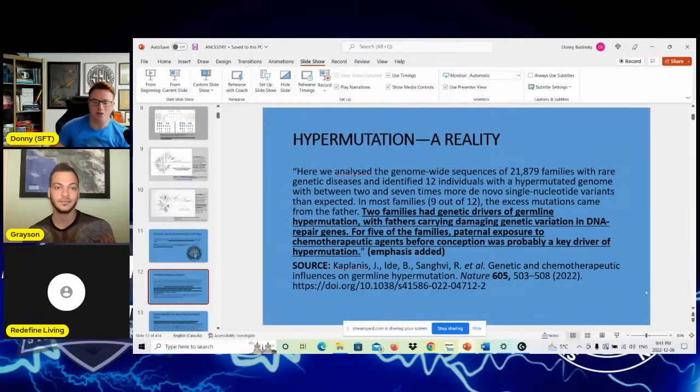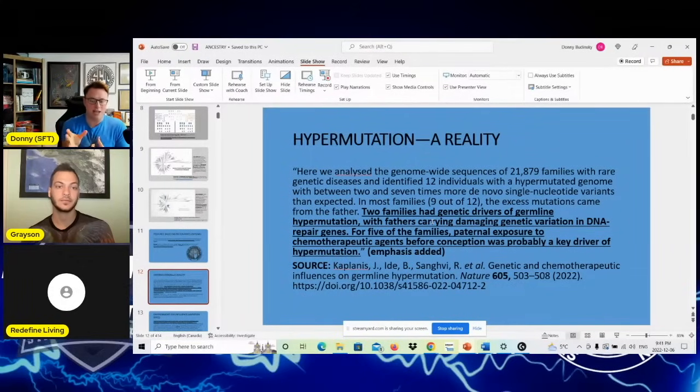But we have papers here. This is one from 2022. Notice this: 2 families had genetic drivers of germline hypermutation, with fathers carrying damaging genetic variation in DNA repair genes. So we have real-time, empirical evidence, this is 2022, of certain people hypermutating.